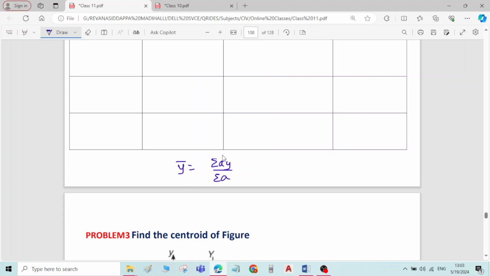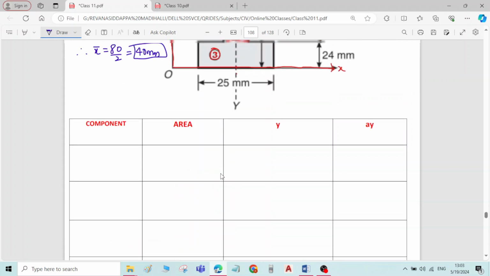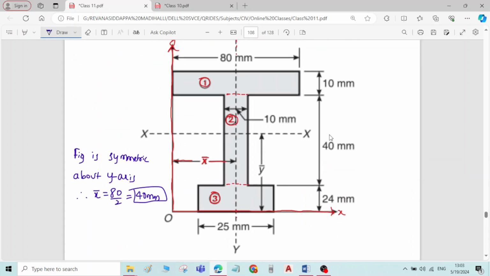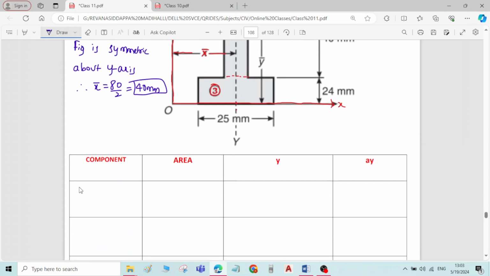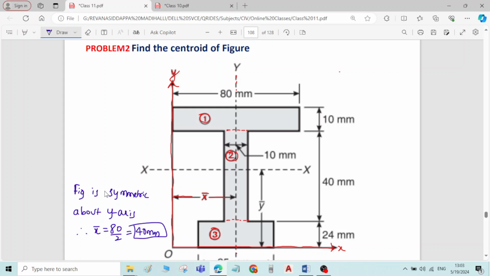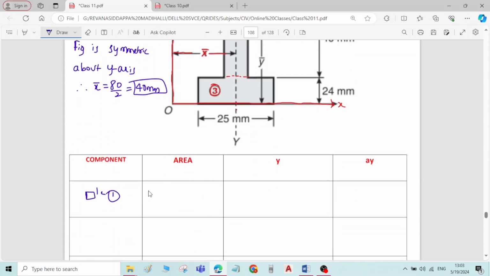So to calculate this y bar, what are all the things we need? We need area, we need y values, and we need ay values. So you write the tabular column: component, area, y, and ay. Now I will take the first component, rectangle number 1. For that, area is b into d, width into depth.